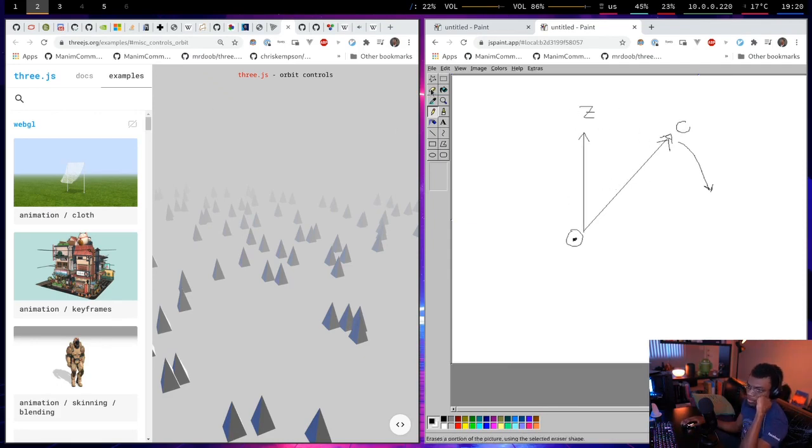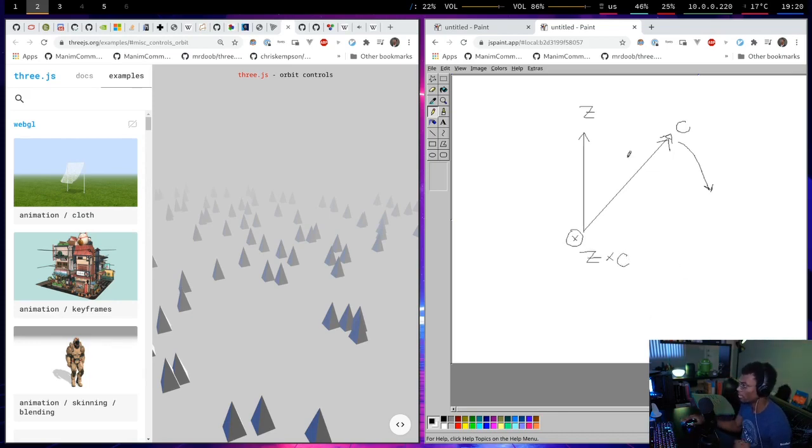So let me not do that. Well, it depends on which direction I want. But in order to rotate downwards, I'll take Z cross C. Am I doing this right?